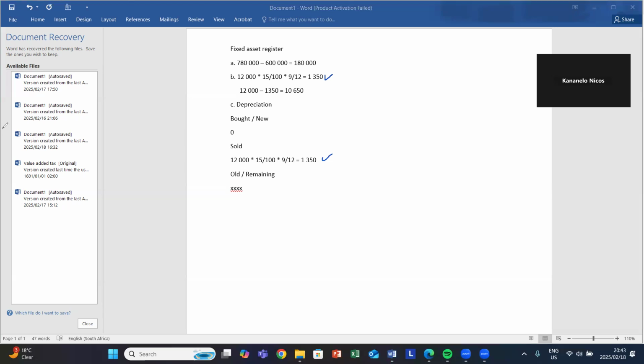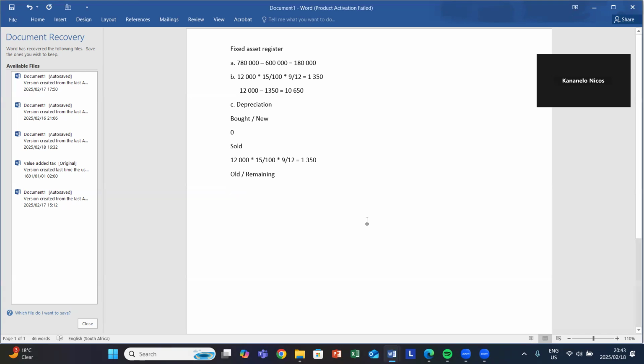And lastly, you do your depreciation for all the remaining. All the remaining is the asset that stayed in our business for a period of 12 months.